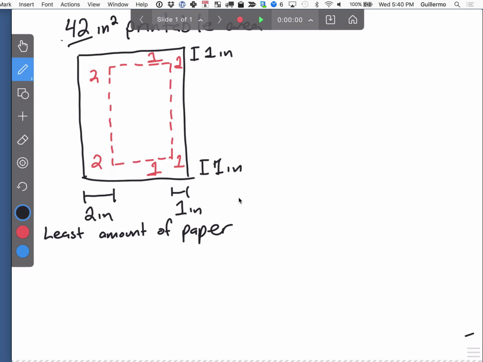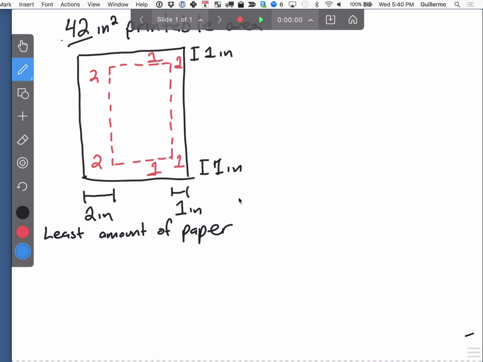Okay, so then what's our next step? Yeah, we do need a label. We need to label something so that we can write down the formula, right? So, as usual, you have choices. The length and the width are different sizes, so they need to be different variables, x and y. Sound reasonable? Okay.